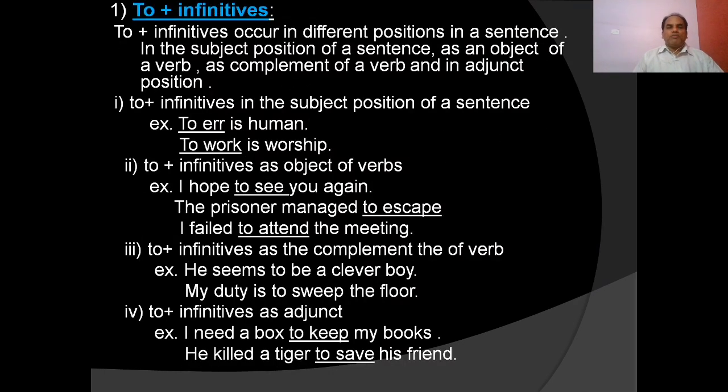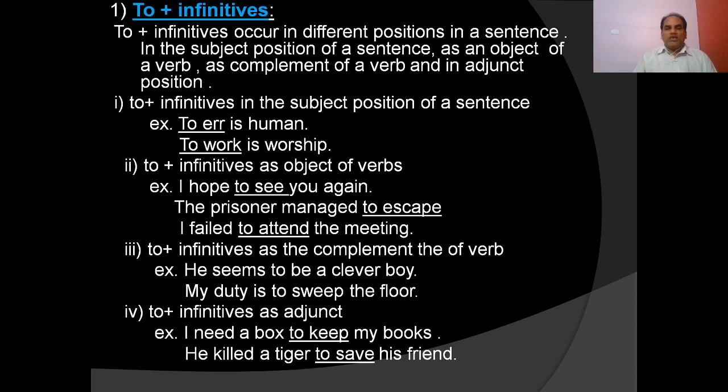Let us discuss the first type of verb, that is to-infinitives. To-infinitives occur in different positions in a sentence: in the subject position of a sentence, as an object of a verb, as a complement of a verb, and in adjunct position also. First let us discuss to-infinitives in the subject position of a sentence.